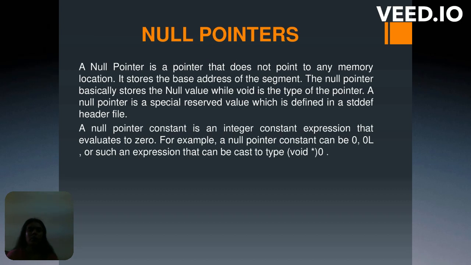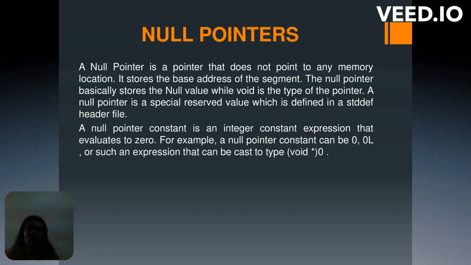And then it's the null pointers. A null pointer is a pointer which does not point or does not have any memory location, which means that it basically has a base address of a segment. So the null pointer basically stores the null value, while void is a type of pointer, and null pointer is a special and reserved value which is used to define stddef, which is a header file.